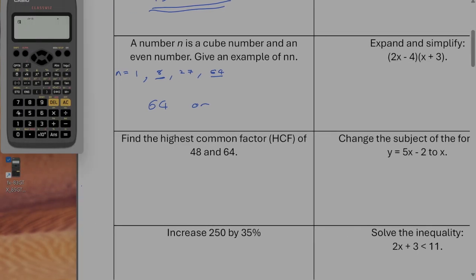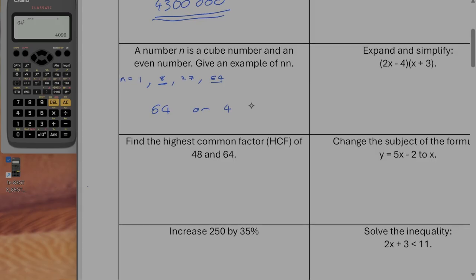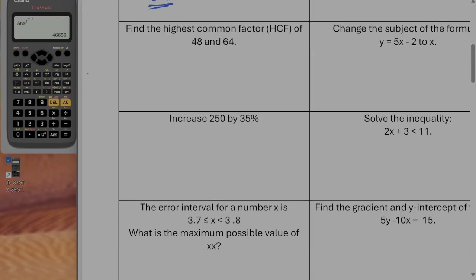If we do 64 squared, or 64 times 64, 4,096 would also be fine. Next one would be 6 cubed. 6 to the power 3 would be equal to that. And then if we wanted that number squared, that would be another fine one. But I would probably go 64, keep it nice and simple.